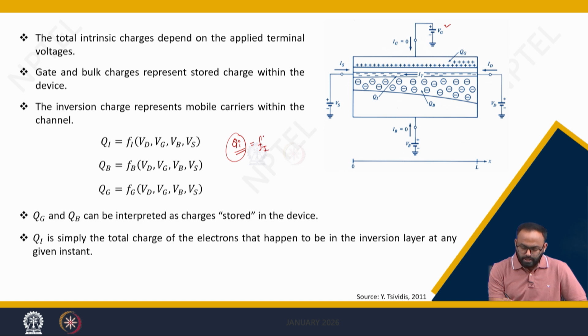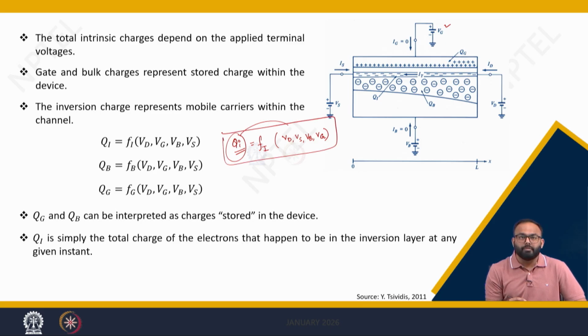Here this is some function which is Fi. Again here the charge becomes a function of Vd, Vs, Vb and Vg. The purpose of this will be clear soon when we will discuss about quasi-static operation. What we are doing is just to show how we can represent our previous analysis in some closed forms, right.